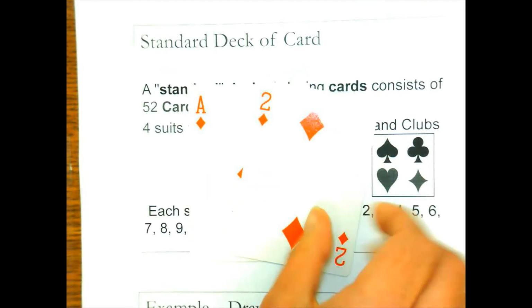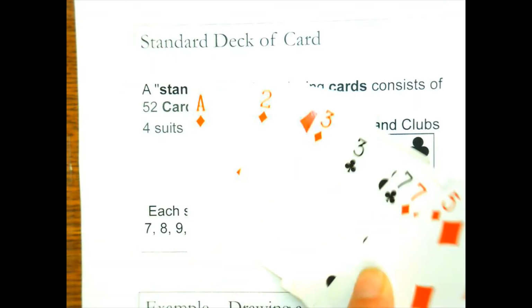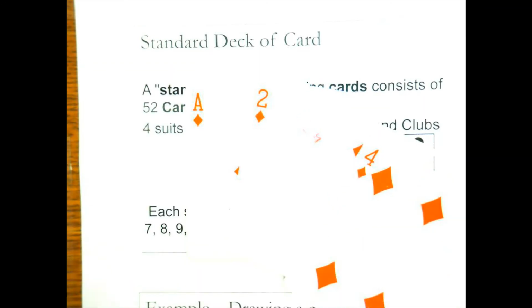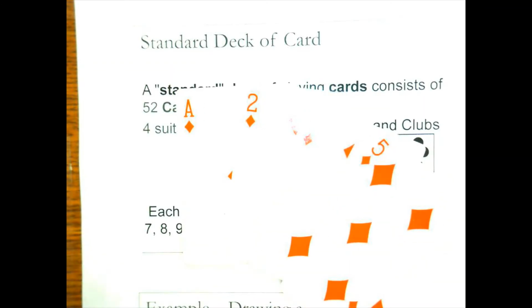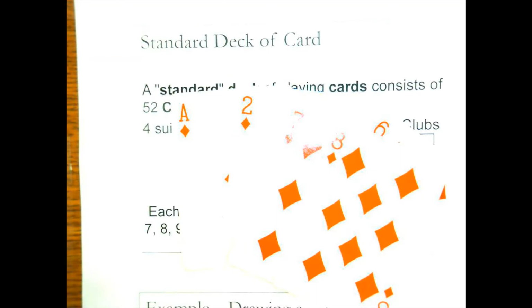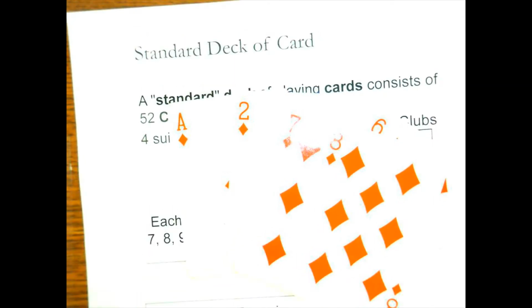And then you will have 2, 3, 4, 5, 6, 7, 8, and all the way to 9. I can't find the 9 right now. 10. So this is 10 cards which have numbers on them.